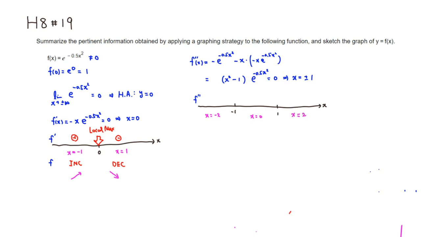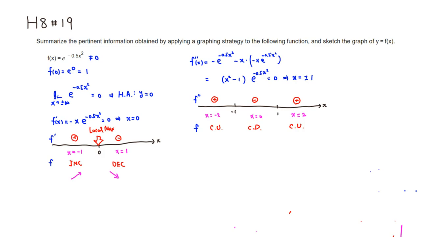If you plug in -2, squared minus 1 is going to be positive. The exponential part is always positive. If you plug in 0, that's going to be negative. If you plug in 2, that's going to be positive. So the original function has a concave upward shape, then between -1 and 1, a concave downward shape, and then after that, concave upward.